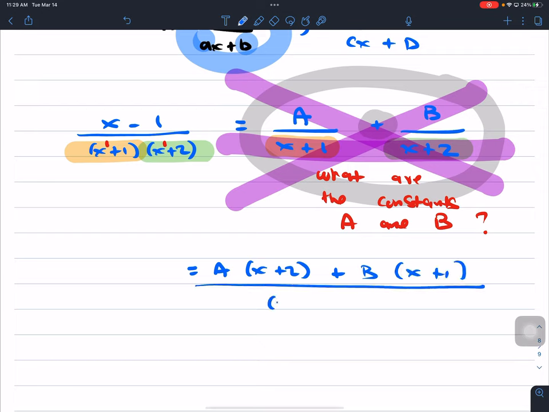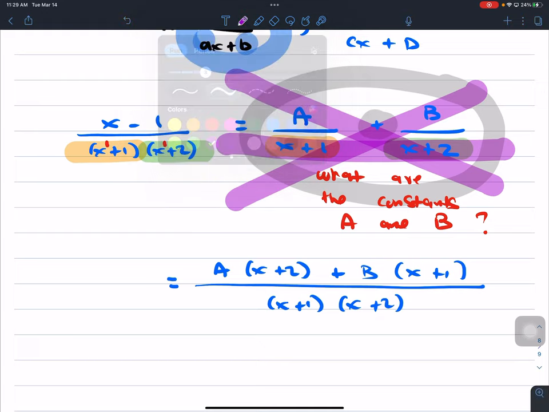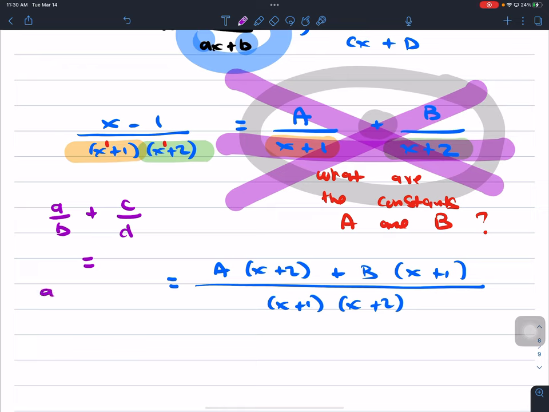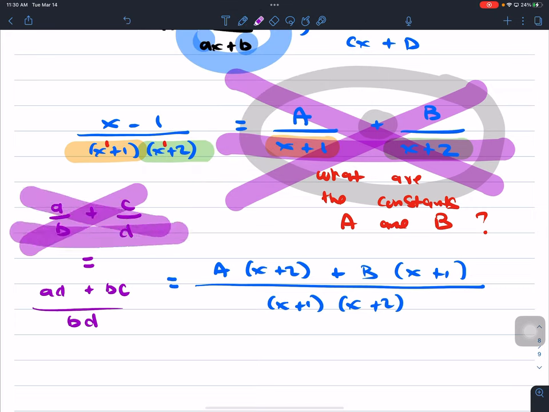Don't forget you have to multiply by the denominator, x plus 1 times x plus 2. Do you guys remember the algorithm, the shortcut for adding unlike fractions? Let me use different letters. A over B plus C over D is AD plus BC over BD. That's your algorithm. It's exactly what I just did.